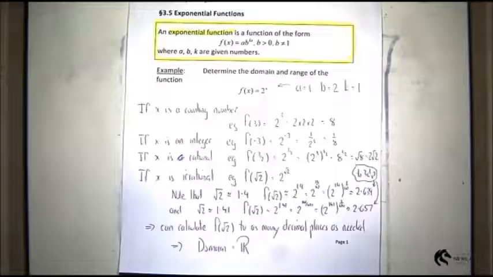The other thing that's very important to realise here, I mean, it's obvious, but let me state it anyway. What happens with an exponential function is every time I increase the x value by 1, the function value doubles. So from here, as x goes from 0 to 1, the function value goes from 1 to 2. As x goes from 1 to 2, the function value goes from 2 to 4.